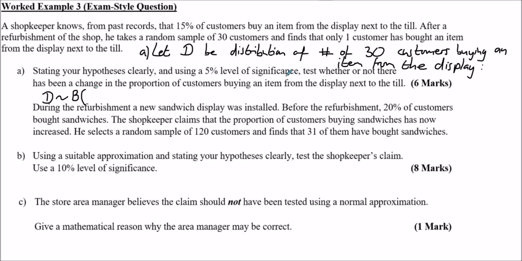There's going to be 30 customers. It says here there's 30 customers. And the proportion of customers that are believed to be buying from a display is 15%. So the proportion is 0.15.